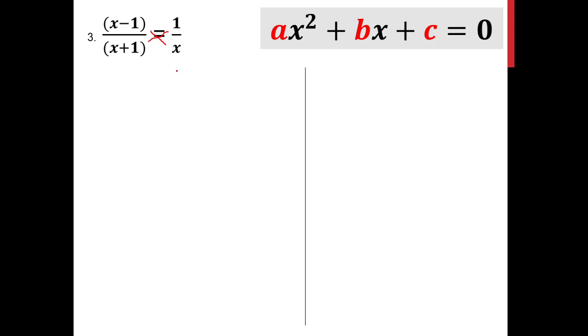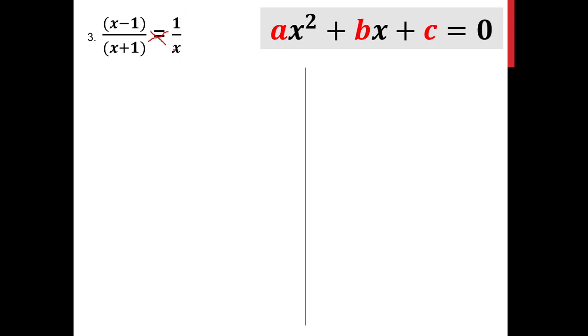This is different from the previous two examples, because in the previous two examples you have two terms on the other side with one term of fraction. That's why we use the elimination of fraction by multiplying the entire equation by the denominator. But in this case, you only have one term on each side of the equation.